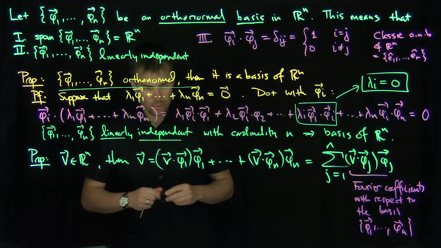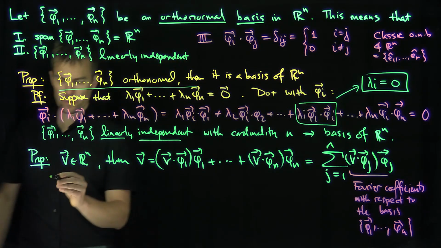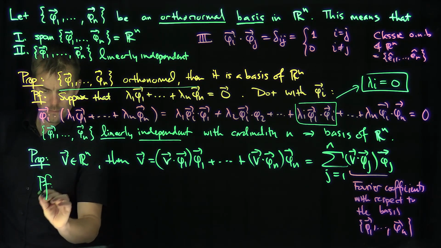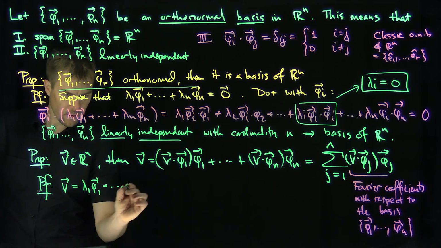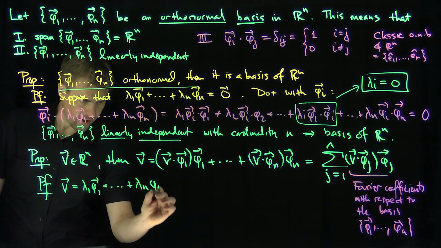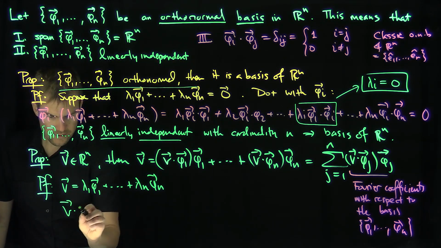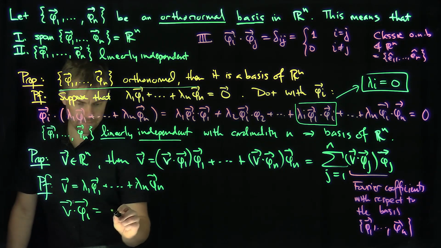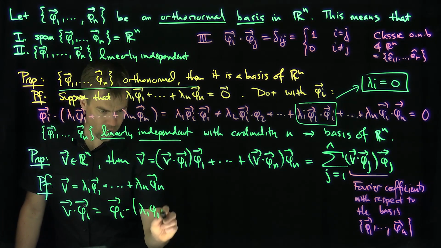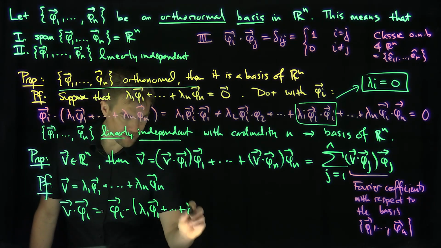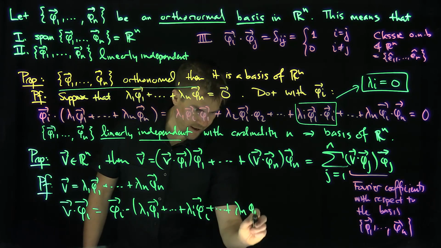Of course, the proof of this is exactly the same as before, right? So let's prove it. Proof: we write v as lambda 1 phi 1 plus ... plus lambda n phi n. And with the same reasoning, I'm going to take v dot phi I. Well, v dot phi I is phi I dot lambda 1 phi 1 plus all the way down to lambda I phi I all the way down to lambda n phi n.